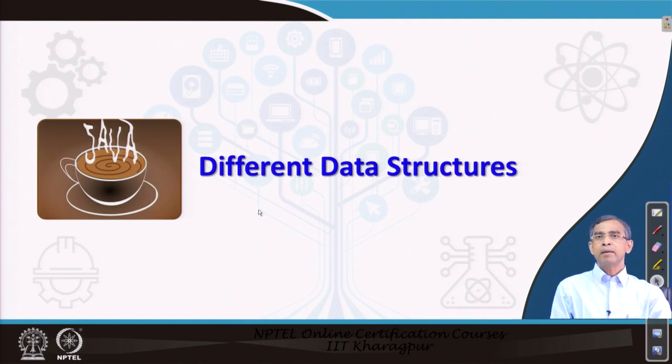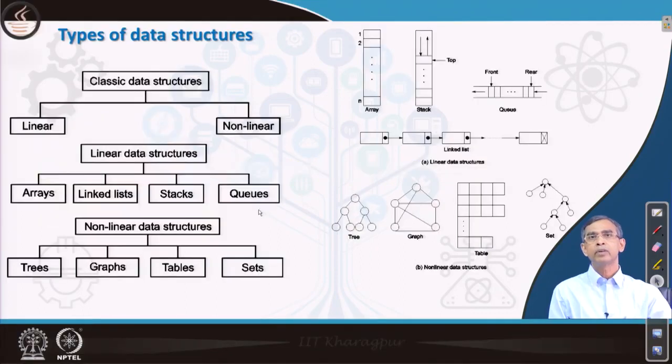Now, there are many data structures known so far. I will quickly try to give a brief introduction to the different structures for the different types of data. You can see a taxonomy tree that I have shown here. These are the basic data structures, and then advanced data structures.